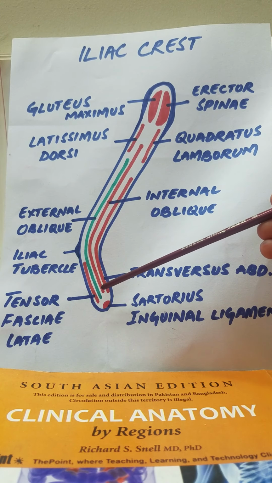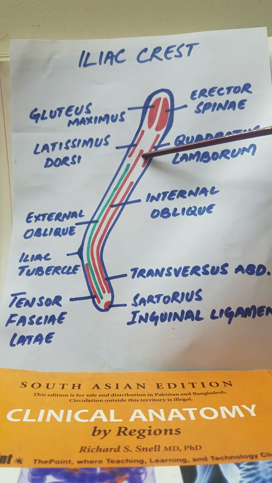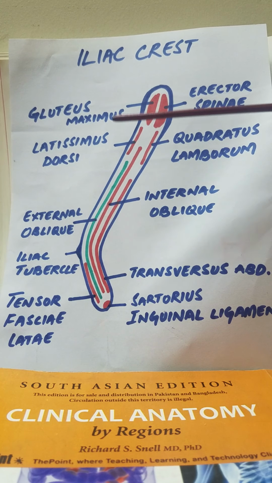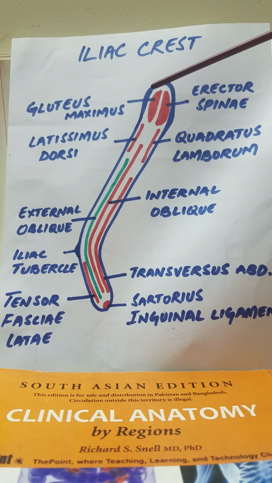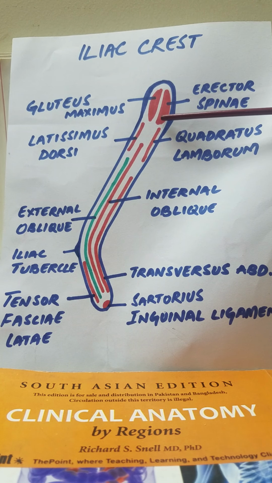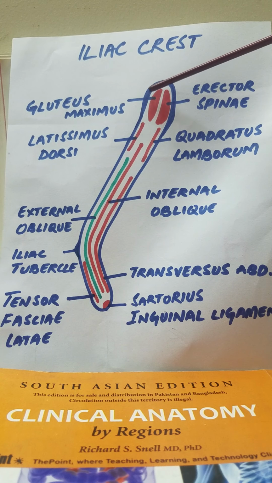And in the intermediate zone, we have the internal oblique muscle. Now, this here is the dorsal part, which we talked about yesterday, that it has a lateral slope and a medial slope. On the medial slope is the attachment of the erector spinae muscle, and on the lateral slope is the origin of the gluteus maximus muscle.